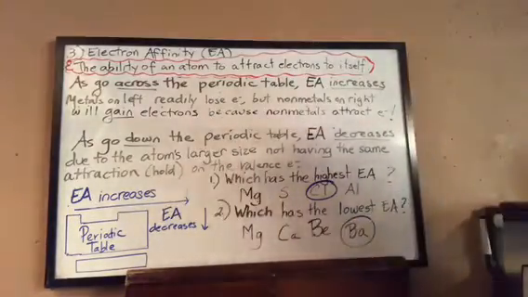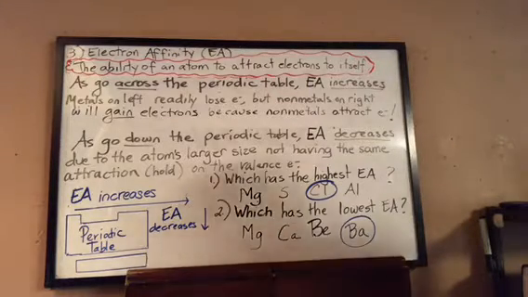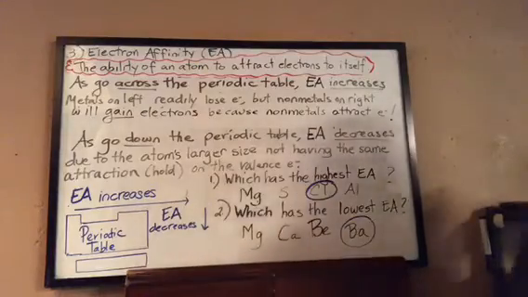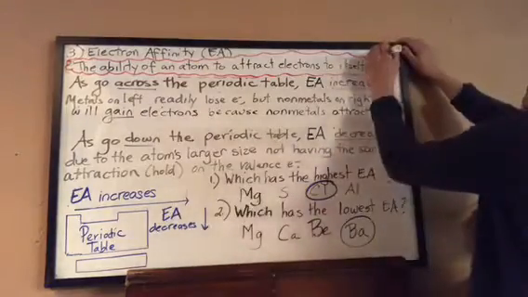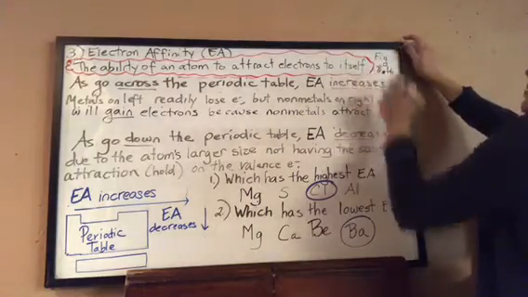Electron affinity decreases as we go down. Figure 8.16 gives you electron affinities.